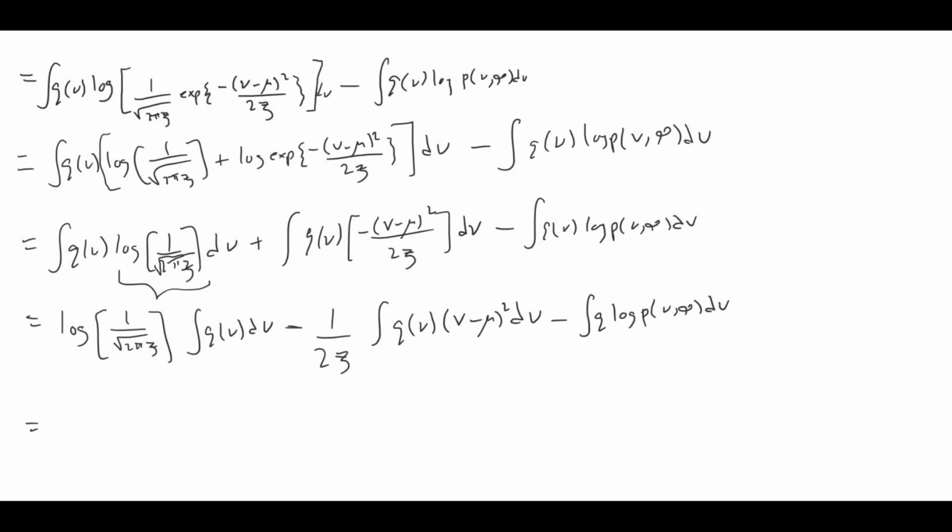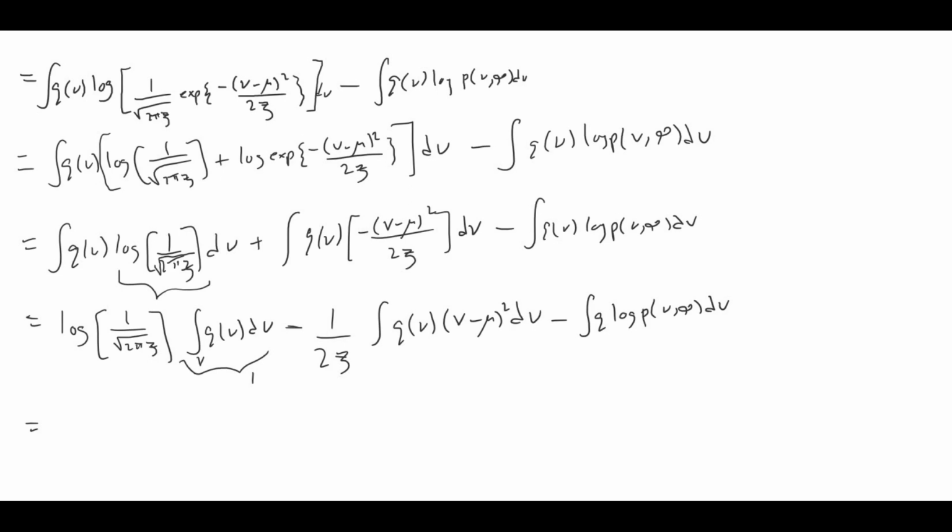Notice that the integral of Q nu d nu, integrating over all of nu of a probability function, is by definition 1 for all valid probability distributions. If you have any probability density defined over x, then the integral of p of x dx is 1 if it's a proper probability distribution. So we can just replace this by 1, and it's the log of this times 1, so it's just the log of this.